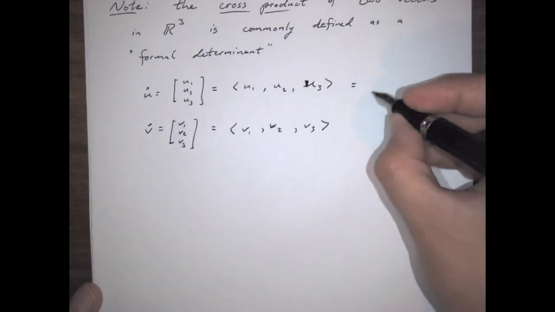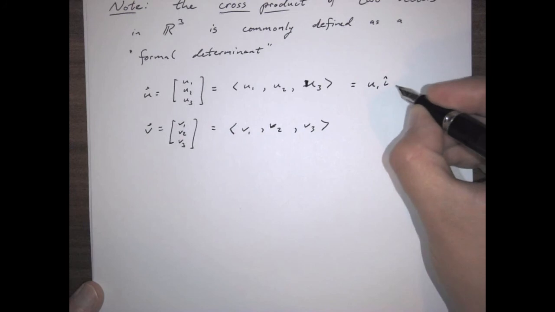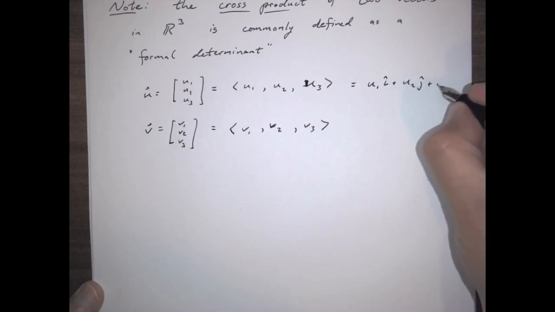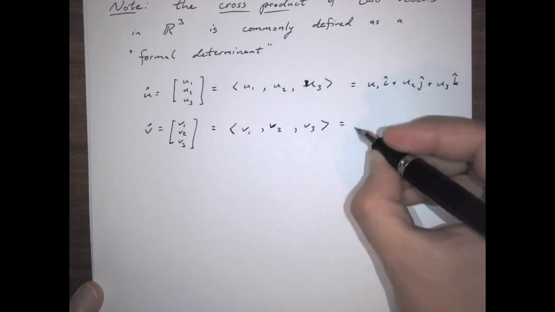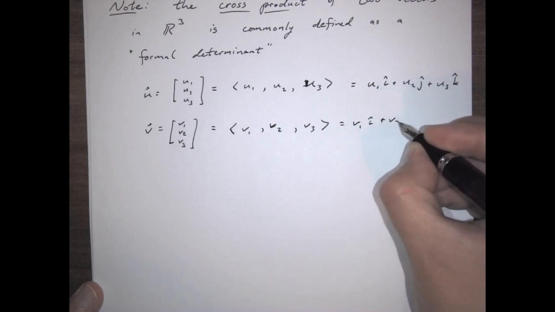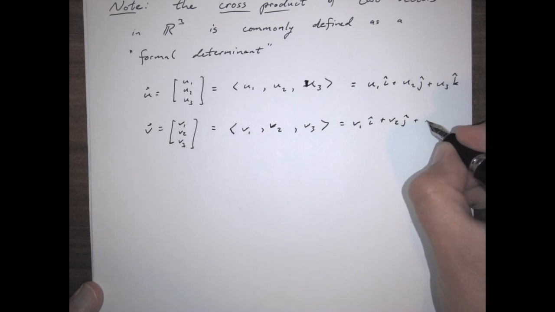And then there's also the other notation you can use, which is u1i plus u2j plus u3k. And here, v1i plus v2j plus v3k.